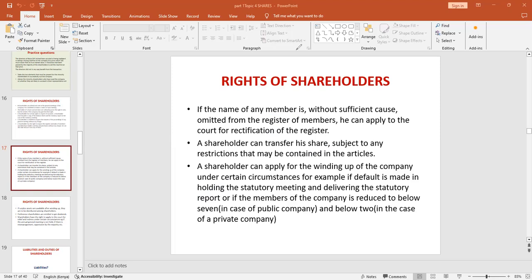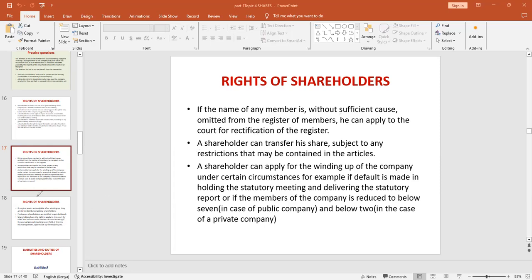So in this case, you're talking about rights of shareholders. Once you become a shareholder, these are rights you have, irrespective of the types of shares you have. Because there are certain rights that you only have depending on certain types of shares, like cumulative preference shares will give you rights attached to cumulative preference shares. But in this case, as a shareholder, you have these blanket, general types of rights.